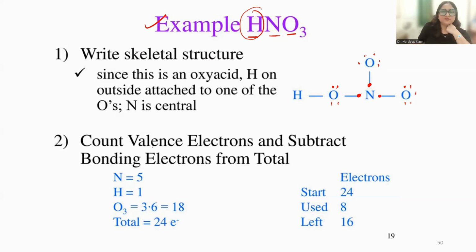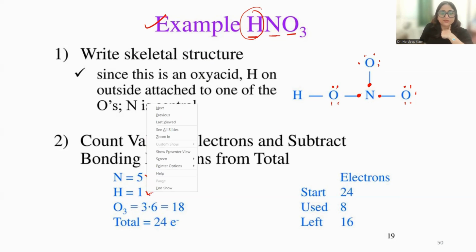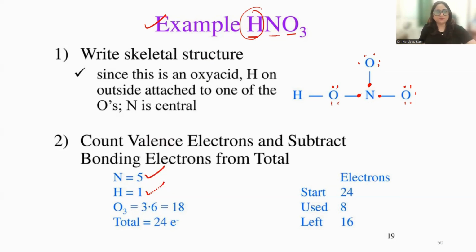We know that nitrogen has 5 valence electrons, hydrogen has 1, and O3 means every oxygen has 6 electrons, so you have to multiply by 3. Now it is 18. The total electrons we have is 24.